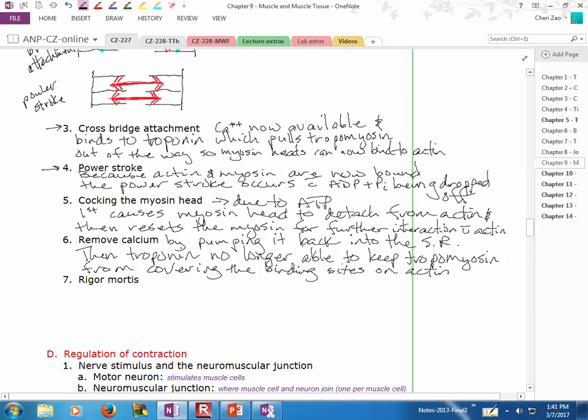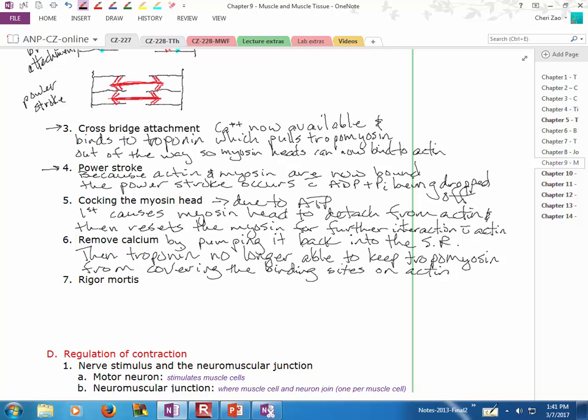And then if you can no longer bind to actin, what's going to happen to the filaments now? The filaments will stay the same, but the filaments will now drift apart, right? Because you have to realize we're actively pulling things together to the center of the sarcomere. And when we no longer actively pull things to the center of the sarcomere, then it wants to go back to where it belongs. And so those actin filaments, because they're attached to the Z discs, drift back to their normal resting position.